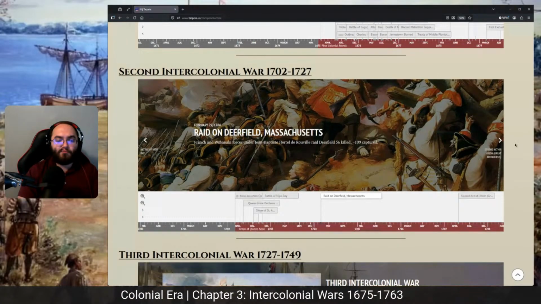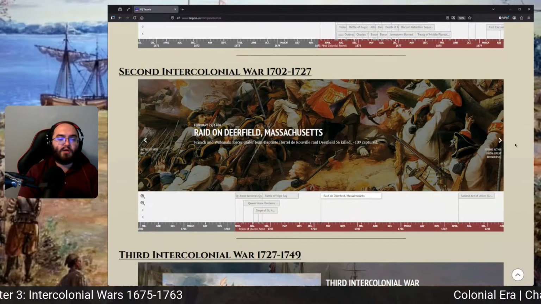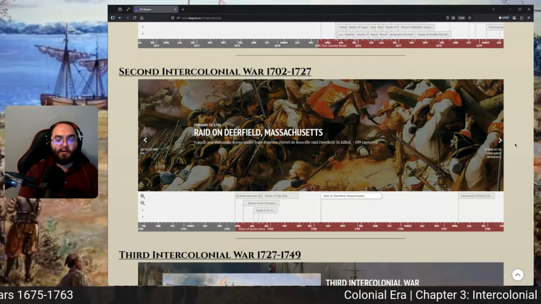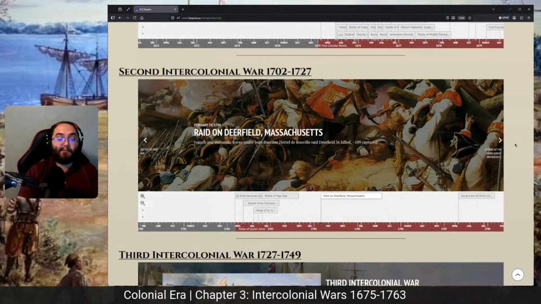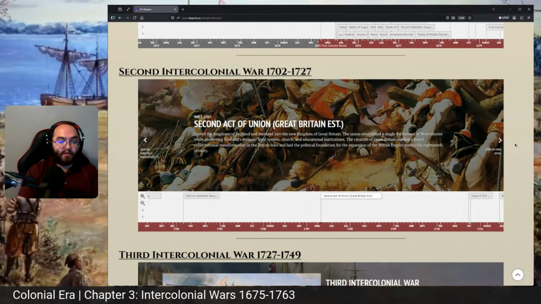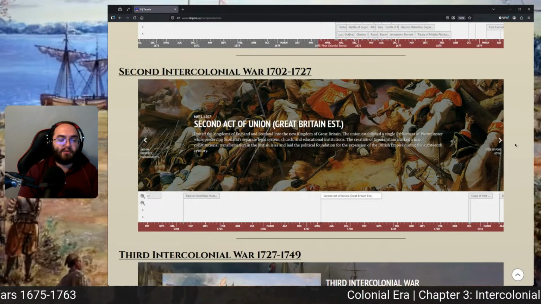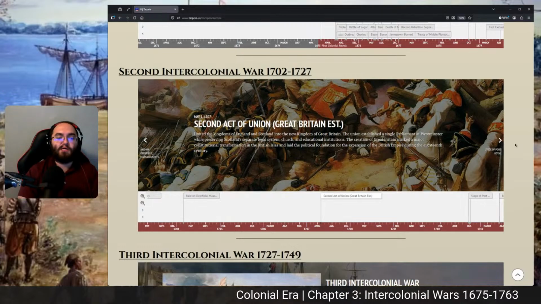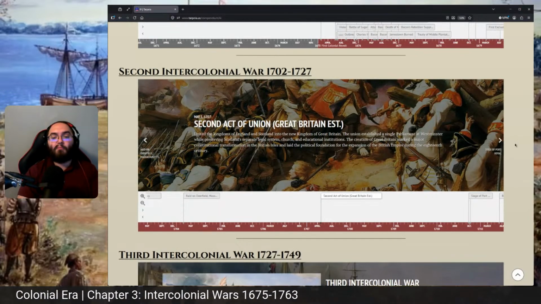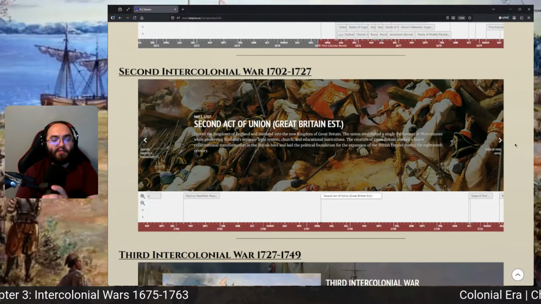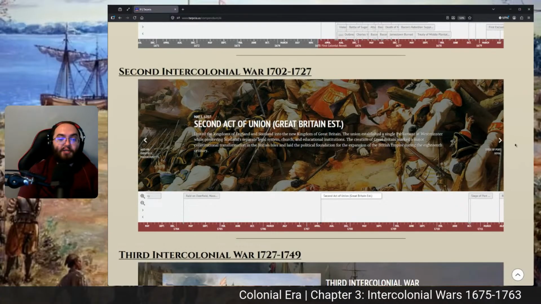Raid on Deerfield, Massachusetts. French and Wabanaki forces under Jean-Baptiste Hertel de Rouville raid Deerfield, killed 56 and captured over 100. And then this is the second Act of Union, establishing Great Britain, uniting the kingdoms of England and Scotland into the new kingdom of Great Britain. The union established a single parliament at Westminster while preserving Scotland's separate legal system, church, mostly Presbyterian, and educational institutions.